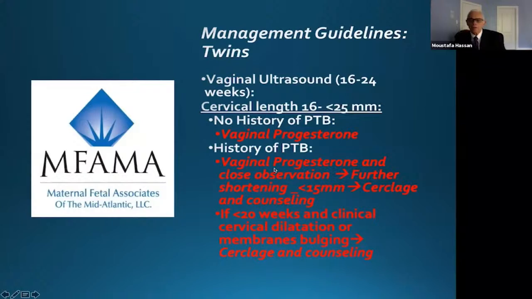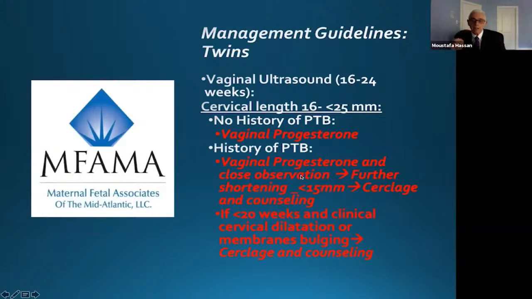History of preterm birth, vaginal progesterone and close observation, further shortening to 15 millimeters or less, cerclage. Okay? Now, don't forget, this 15 millimeters is based on all the studies. I told you I do intervene prior to that. I intervene if it's less than 25 millimeters.